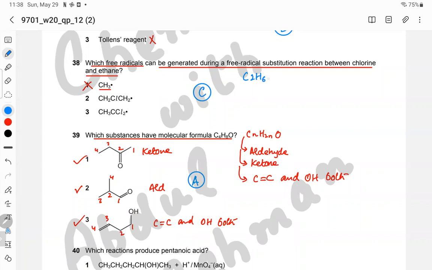So if you recall a propagation step where a chlorine radical reacts with the ethane, we always going to get C2H5 radical and HCl. So see, we are getting an ethyl radical, not a methyl radical. That's why first statement goes wrong. And if the first statement goes wrong, which indicates that second and third statement both are correct, and then C is the correct option. Is it clear to you, Ibrahim?